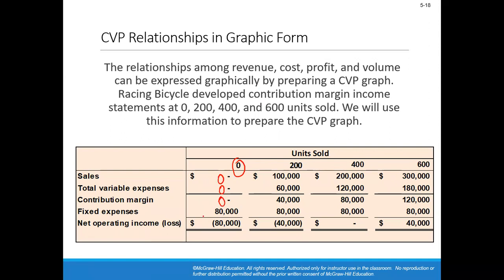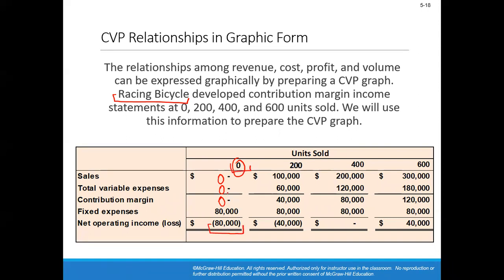But we have to incur the fixed expenses we set up for manufacturing bicycles. We are the racing bicycle company. So in that case, we will get a net operating loss.